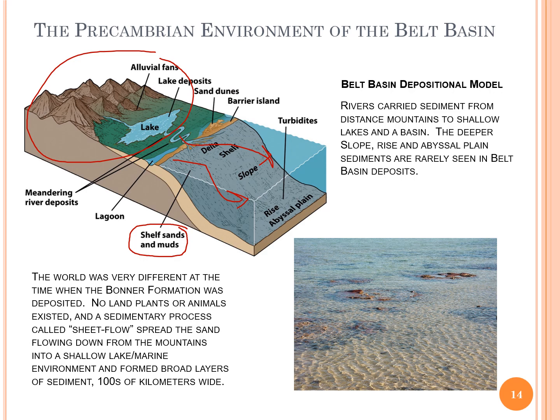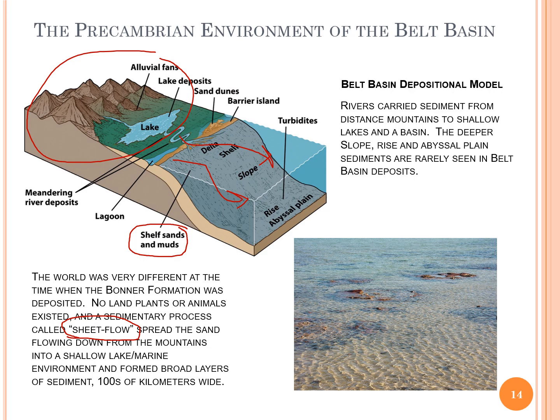And instead of features that we would recognize today as being common lake and river and beach type characteristics, it was more likely that characteristics of sediment deposition called sheet flow, I'll bracket this here, where sand has a tendency to flow down the surface of mountain ranges and foothills, not necessarily as focused rivers all the time, but actually as broad sheets of sand, because there's nothing on the Earth's surface, no plants, that's trying to constrict the flow of the water as it goes from high to low topography.